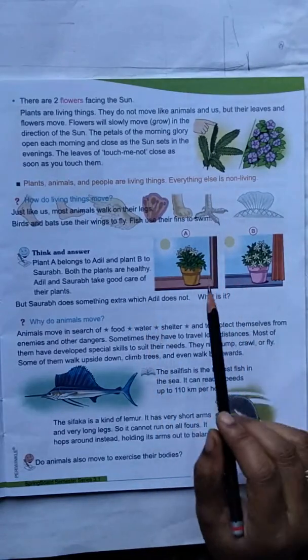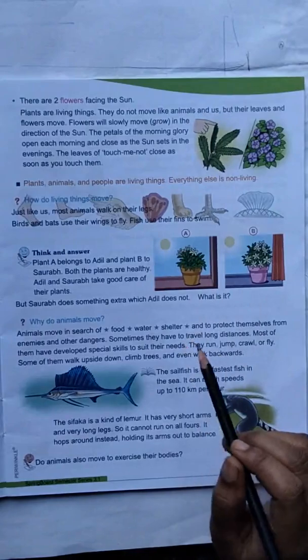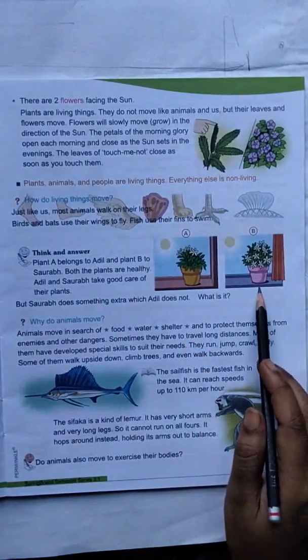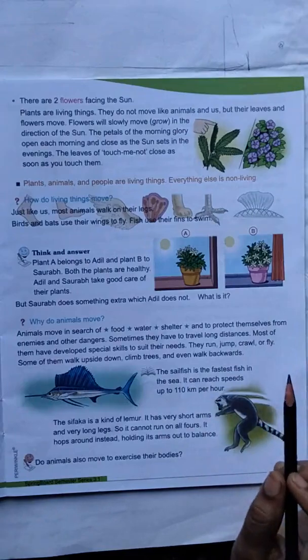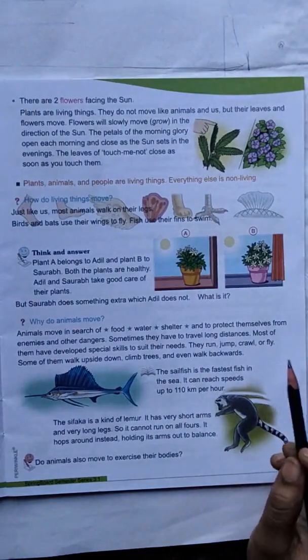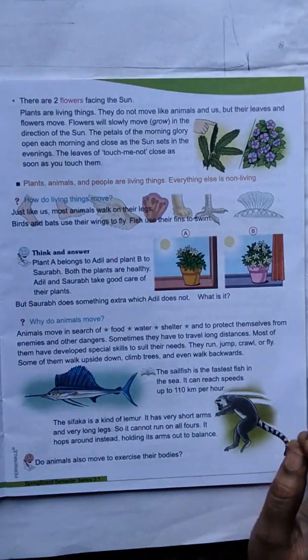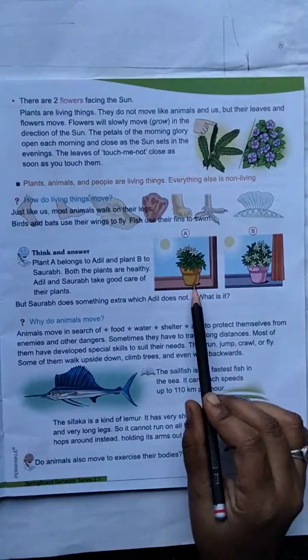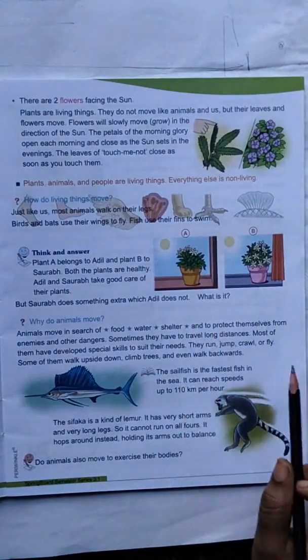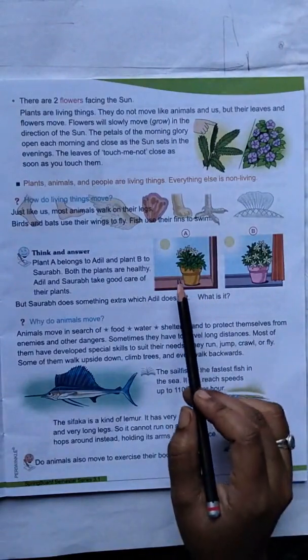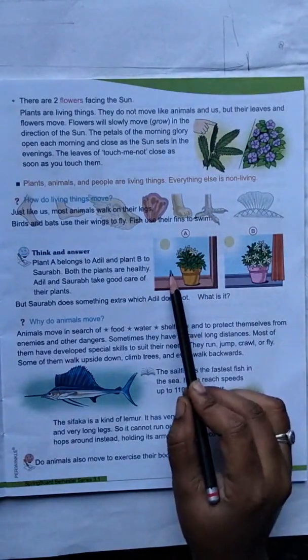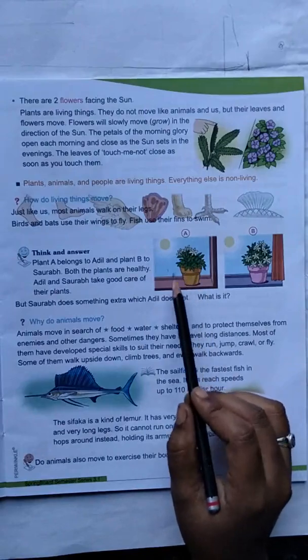But Saurabh does something extra which Adil does not. What is it? Yes. Saurabh keeps the plant at a proper place to get maximum sunlight.